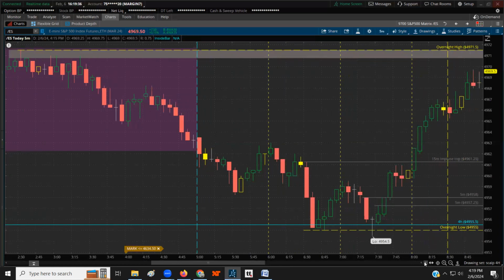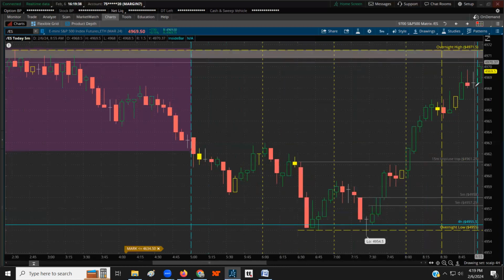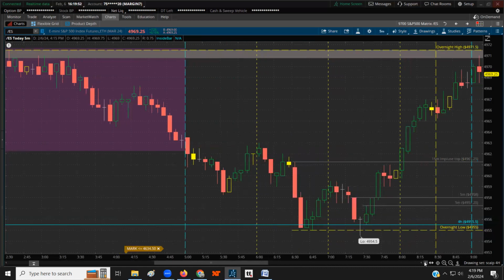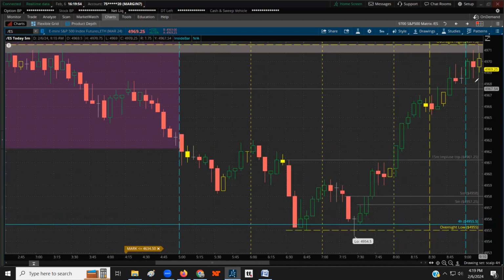Yep, might become a divergence. Another pump. And that blue vertical line, remember, it's the 9 o'clock hour. That means the 4-hour candle just got done. And then I'll be labeling that high and low of that 4-hour candle. Just continue to see what happens. Look at that.